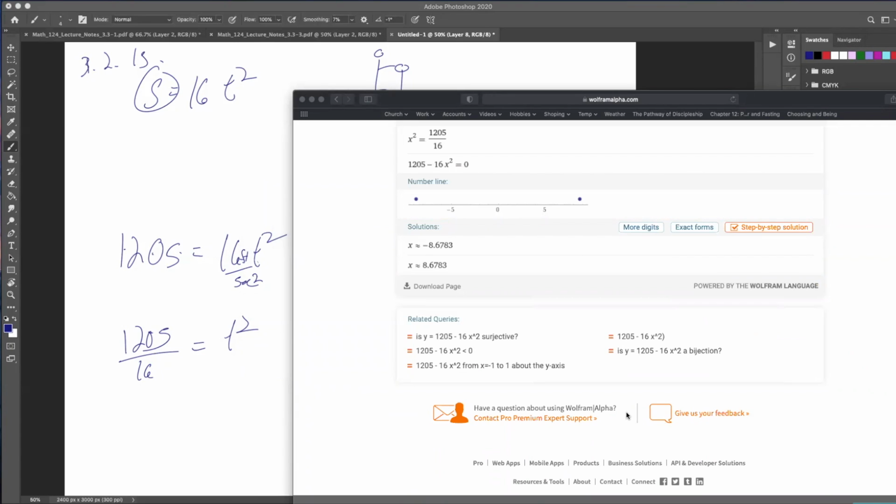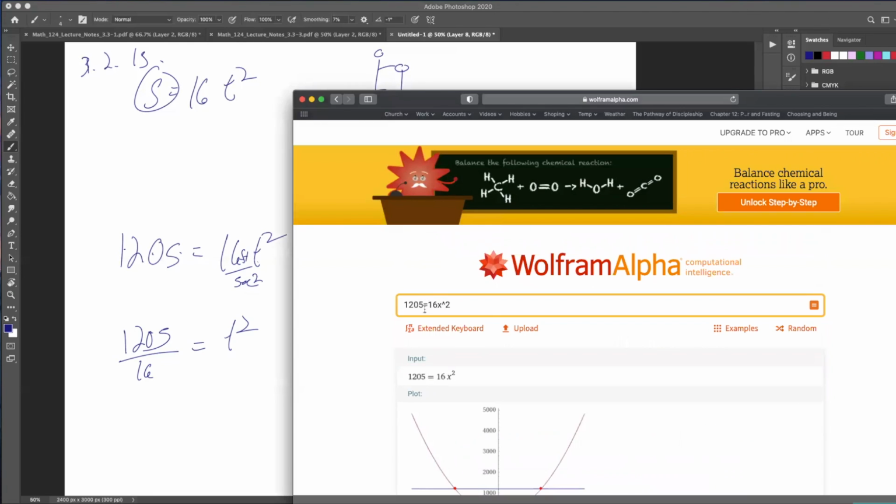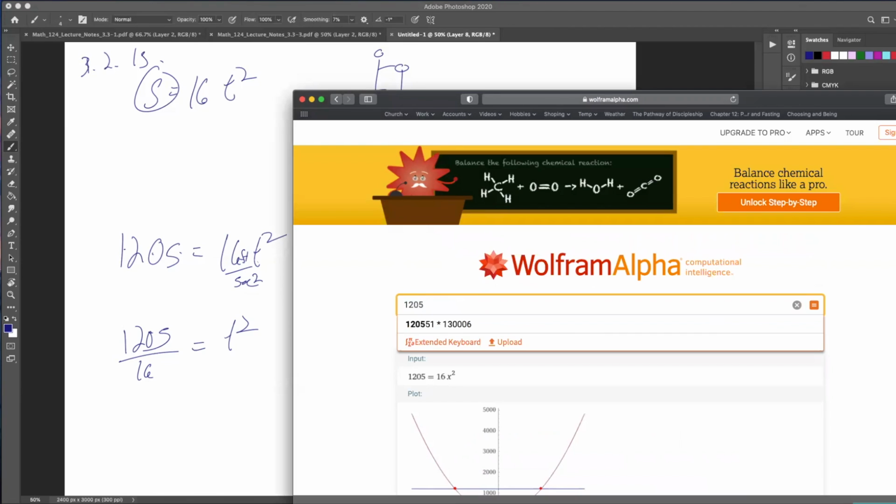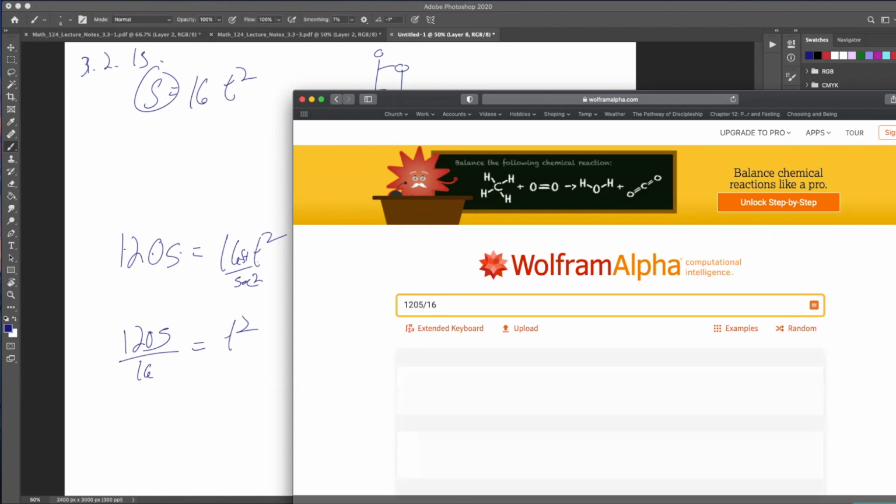Or I guess you need to round up, so it'd be 8.7 that you type in. And notice you can throw away your negative one. Now, let's do step by step real quick so you know all the steps. The first thing I'll do, divide by 16. So I get 73 point something. And then I just want to take the square root of that.